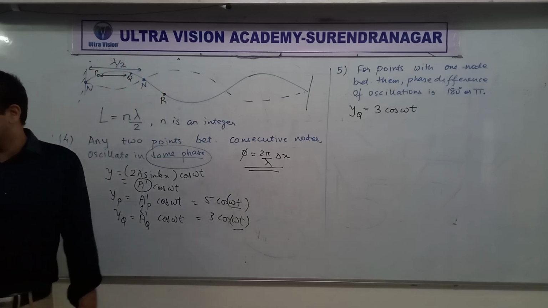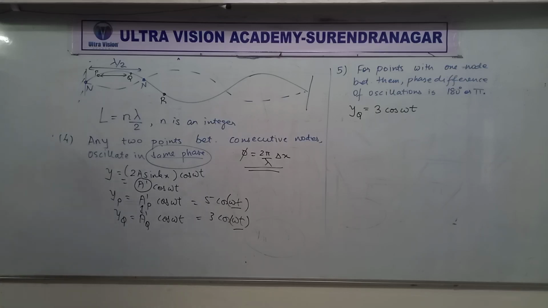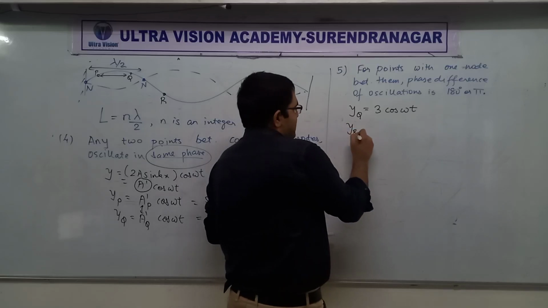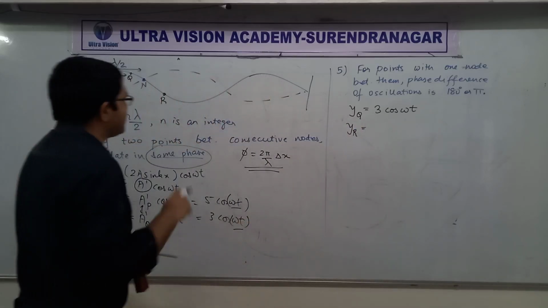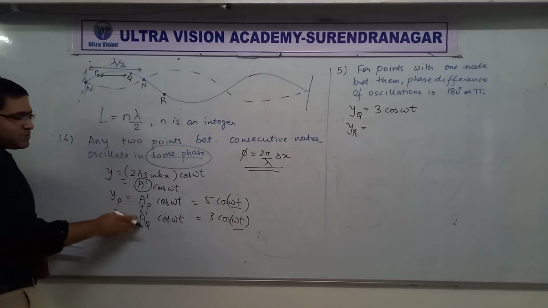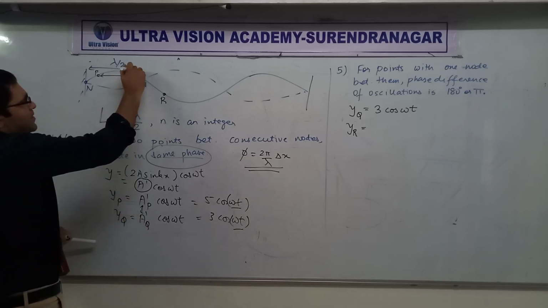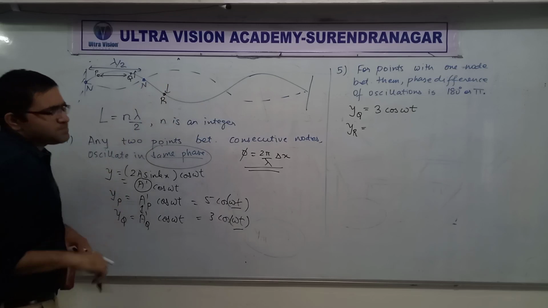Is that clear? When Q is above mean position, R will be below mean position. I hope that is clear based on whatever we have discussed or seen in videos and animations so far. Okay? So, do you realize that for some point R over here, the amplitude will be negative, because when Q part goes up, the R part is going down.